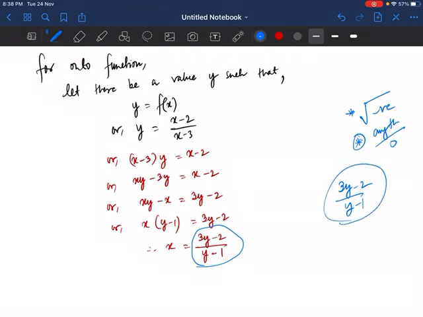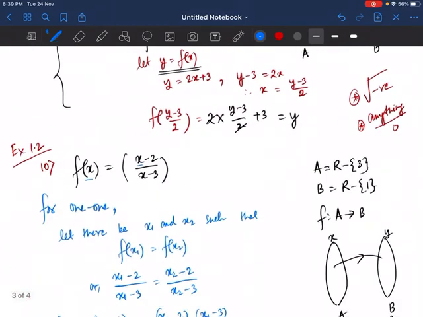This thing will become undefined when y is equal to 1. Why? Because when y becomes 1, then 1 minus 1 becomes 0. So basically this becomes (3y minus 2) divided by 0, so the entire thing becomes undefined. So in my mind, just keep it fixed that when y is equal to 1, the function becomes undefined.